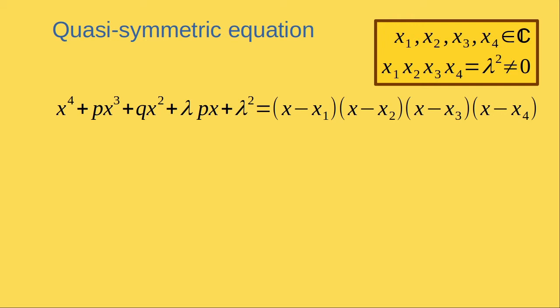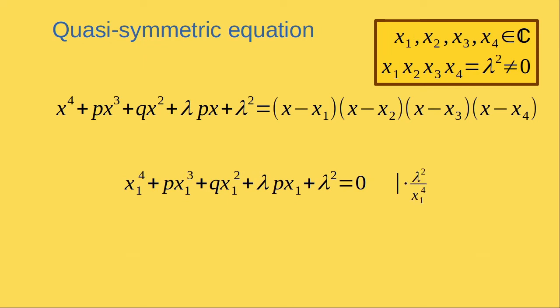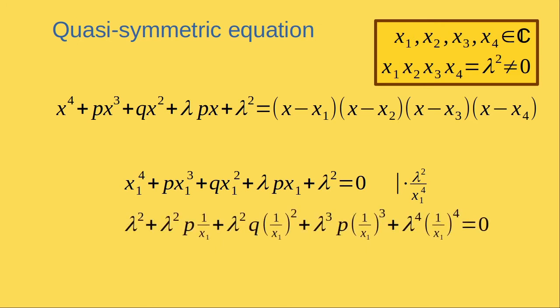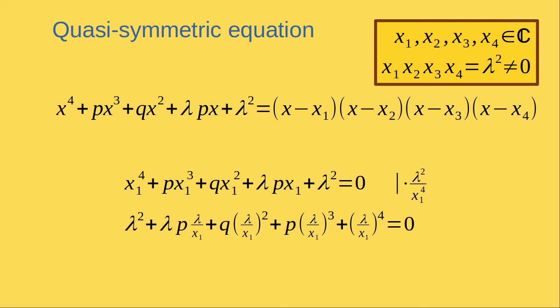If we plug in x1 for x, we get this equation. We multiply it by lambda squared over x1 to the fourth, and after some simplifications, we get this. If we denote the former left-hand side by f of x1, we see that the latter left-hand side just happens to be f of lambda over x1.